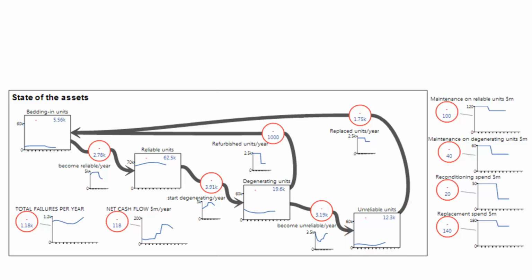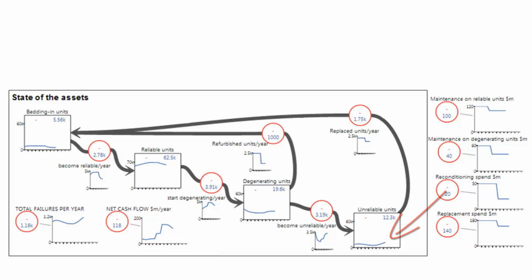Towards the end of each chart, towards 2016, things are looking a little bit worrying. There's a slight increase in the number of degenerating units, and a little bit of an increase in the bottom right in the number of unreliable units.